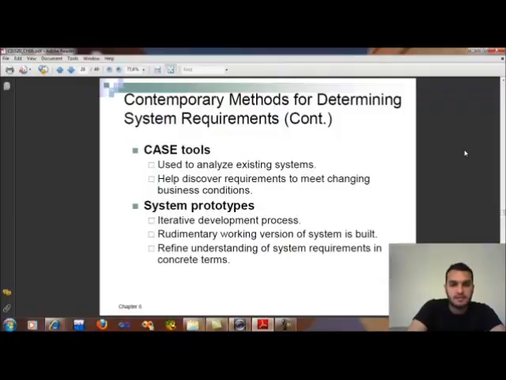And system prototypes: an iterative development process where a rudimentary working version of the system is built to refine understanding of system requirements in concrete terms.